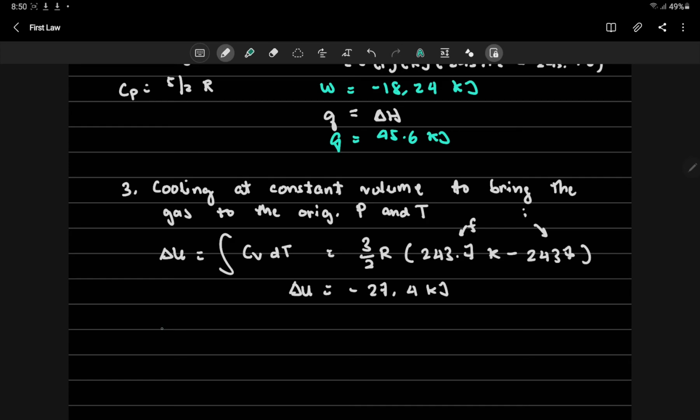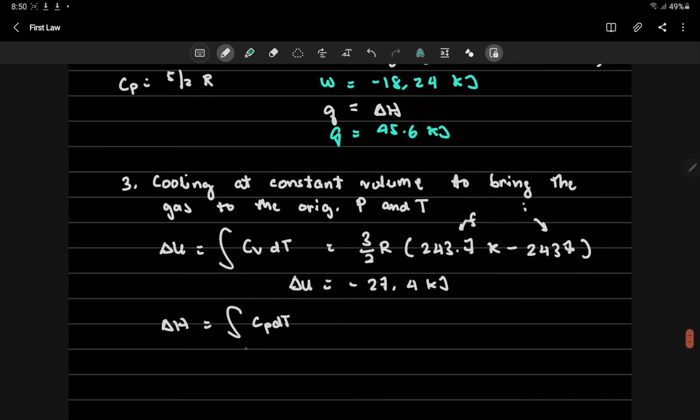For delta H, we will do the same thing. Integral of Cp dT from a temperature of 2437 to a lower temperature of 243.7. I think I forgot to include the limits here. 2437 to 243.7.